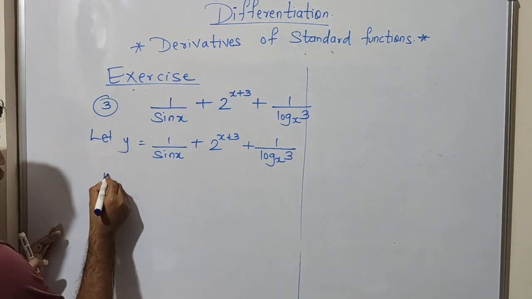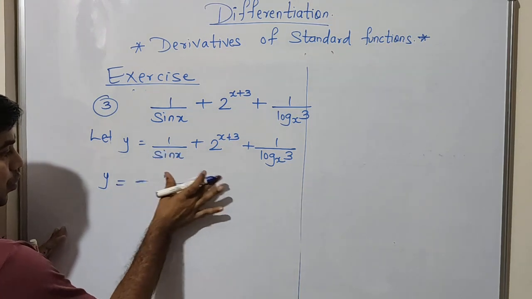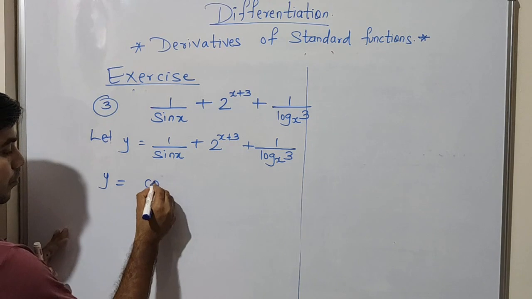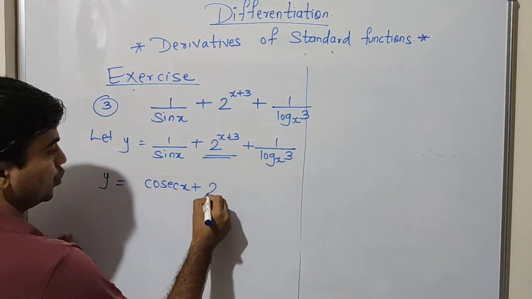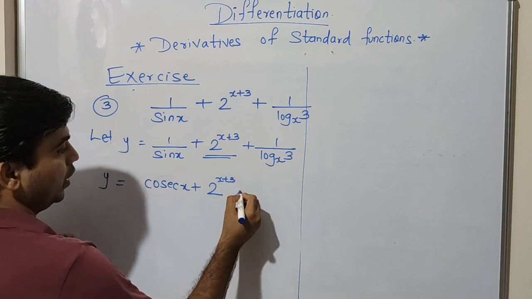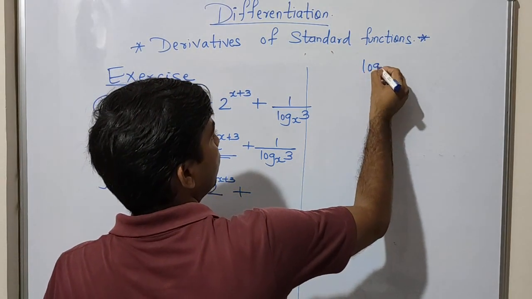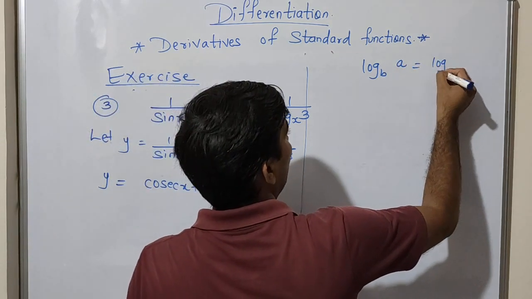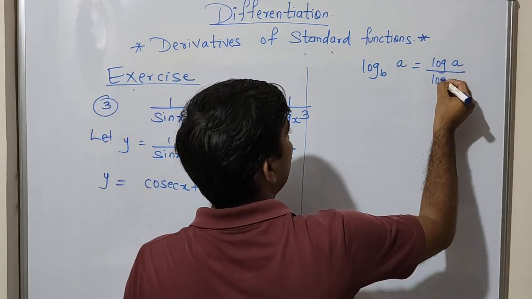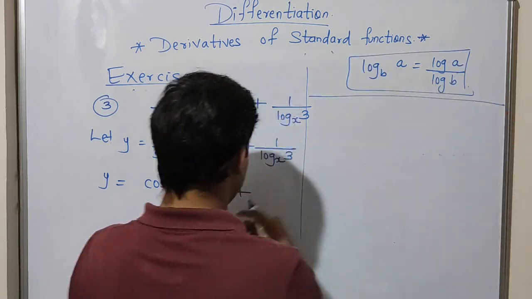Okay? So we know that 1 upon sin x is cosec x. This remains as it is, 2 raised to x plus 3. And if you remember the log rule, what is the log rule? Log of a to the base b is the same as log a upon log b. We will use this over here.